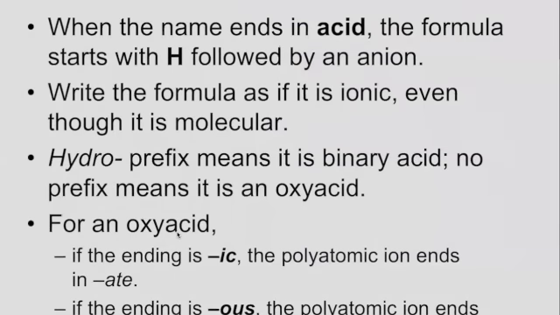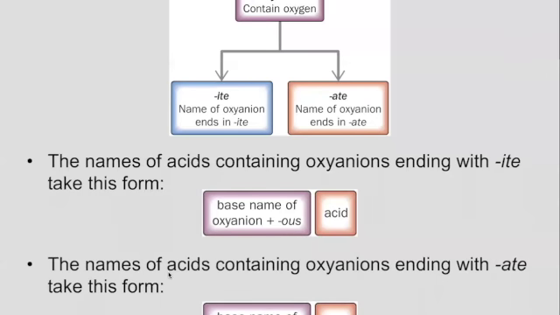So as a summary, if the ending of the polyatomic is in ate, your acid is gonna end in ic. If your polyatomic ion ends in ite, you're gonna change it to ous. Okay. So in summary, this is the chart that will help you with the acids.